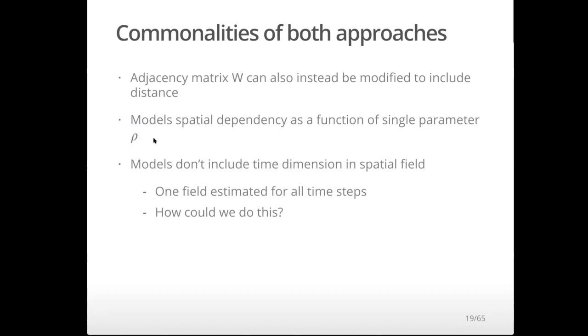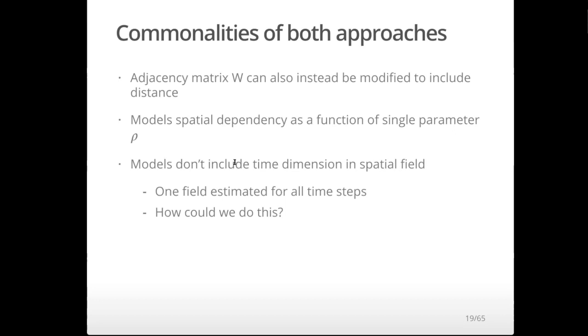That's what's used in the majority of all CAR and SAR applications. There are a few extensions that use slightly more complicated versions, but for the most part, we're turning this complicated estimation problem into just estimating rho, and then as many variances as we want to estimate, ranging from 1 to the number of sites.